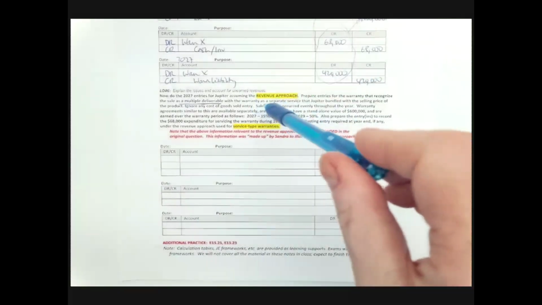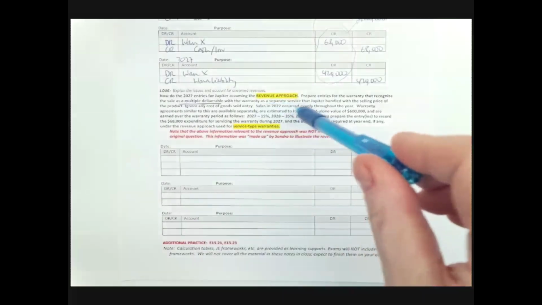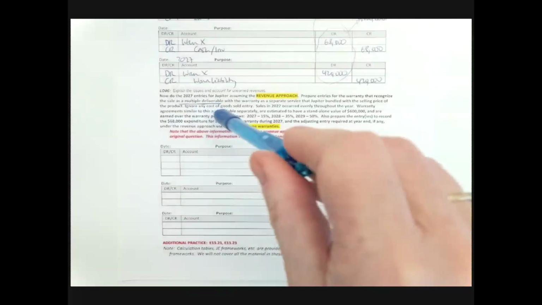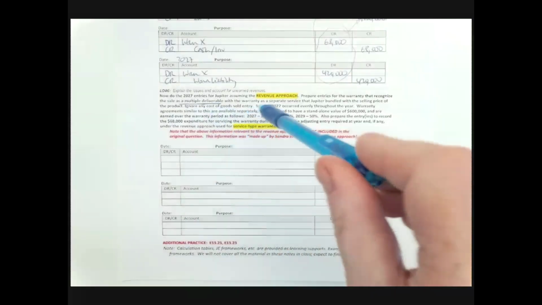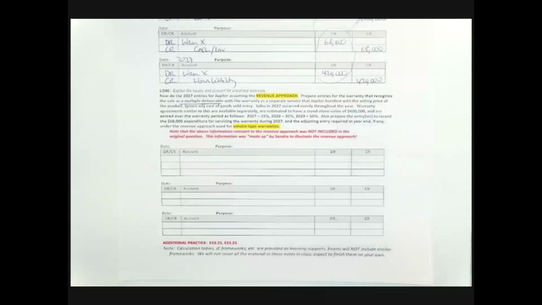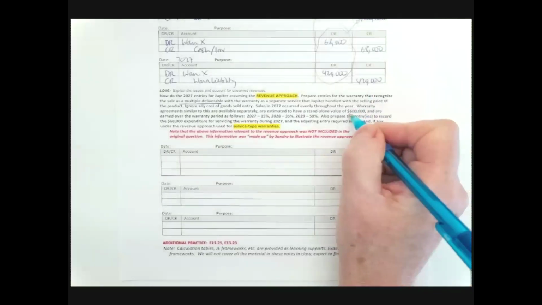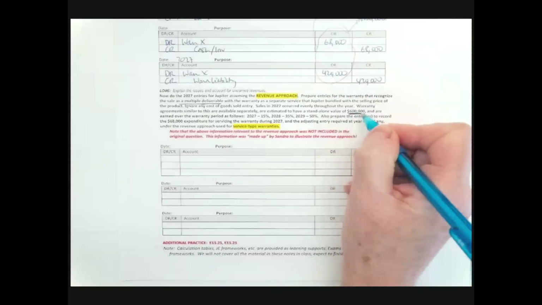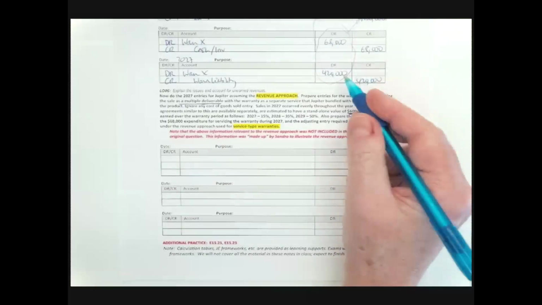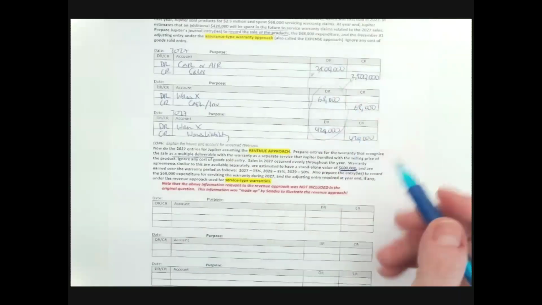So we're going to assume that sales in 2027 occurred evenly throughout the year. Warranty agreements similar to this are available separately and are estimated to have a standalone value of 600. So that's the sales value. This is the same question as the previous question.